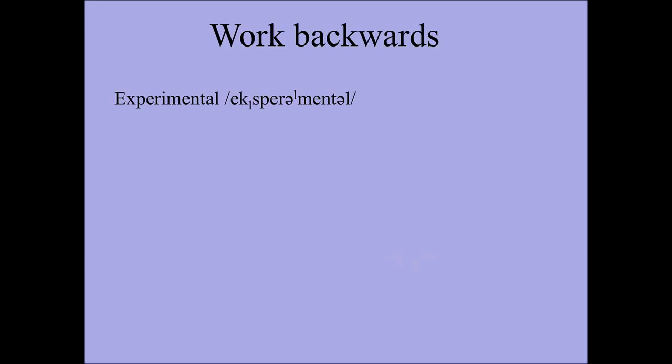Cover the start of the word down to the stress bar with your finger or a piece of paper. Say that part of the word, mental. Then move your finger to add the next syllable and the next. Listen, mental, remental, sperimental, experimental.